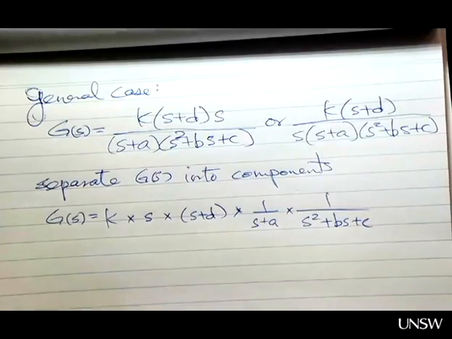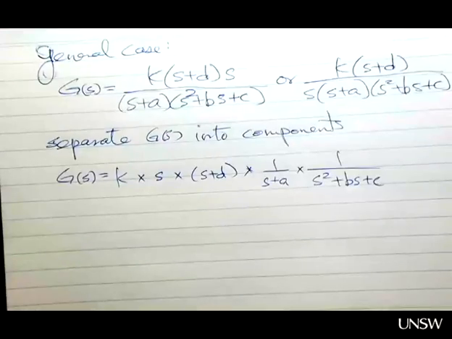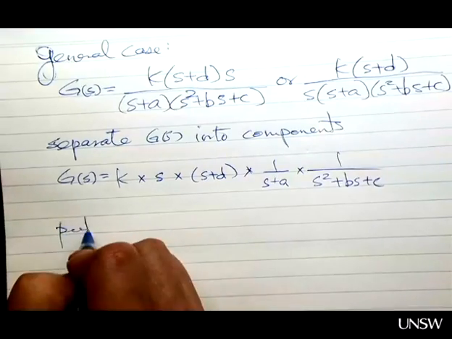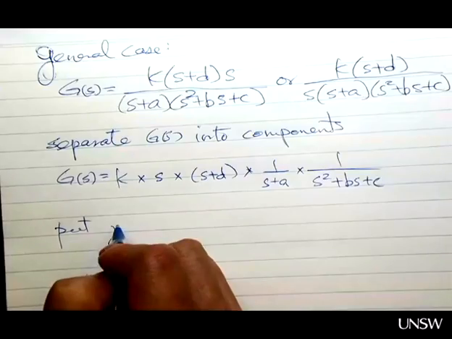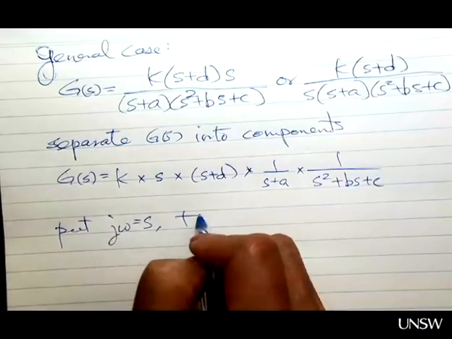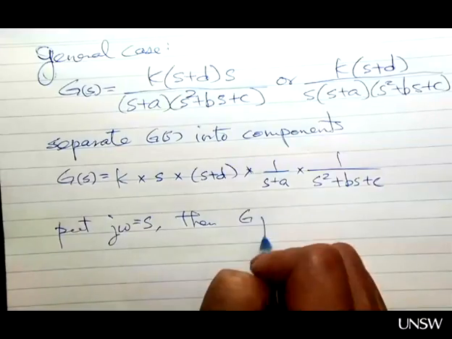We divide the transfer function into components because they will be represented as complex numbers. Then this transfer function is a complex number.